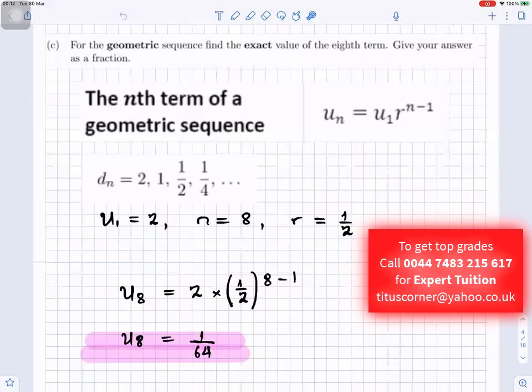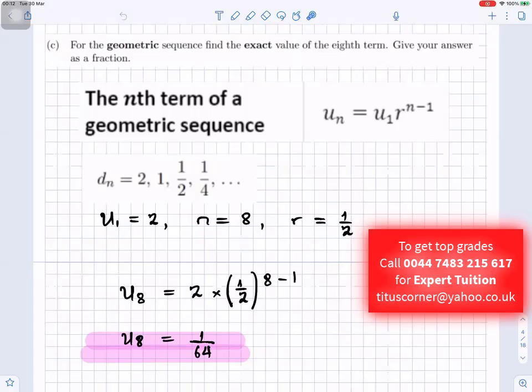For part C, for the geometric sequence, find the exact value of the 8th term. Give your answer as a fraction. This is the formula for the nth term of a geometric sequence: Un equals U1 times r to the power n minus 1. We've got the DN sequence. U1 is the first term, which is 2. The common ratio is a half, which we got from before.